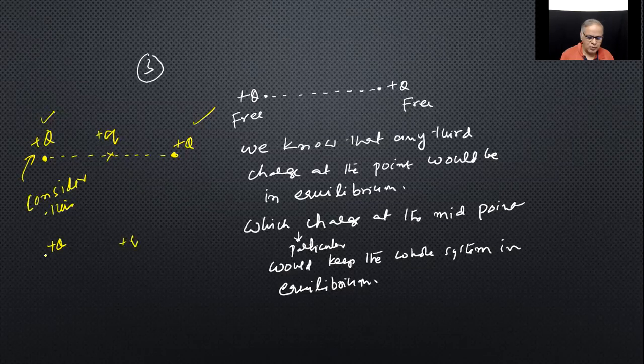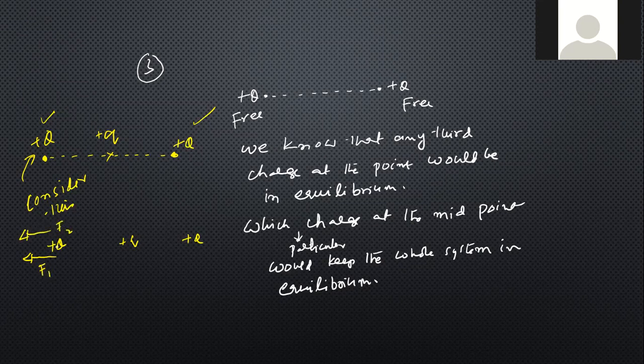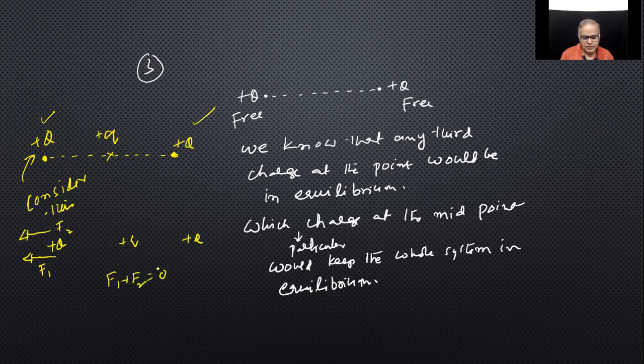So this plus q will repel it, and this plus q will also repel it. Call them F1 and F2. For the force on this to be zero, I should write mod F1 plus mod F2 equals 0, because I showed them in the same direction. What will be F1, children?